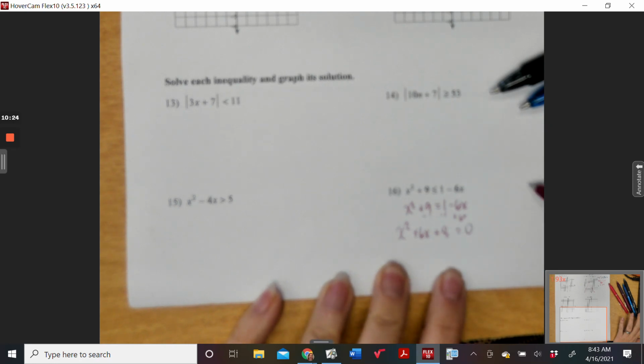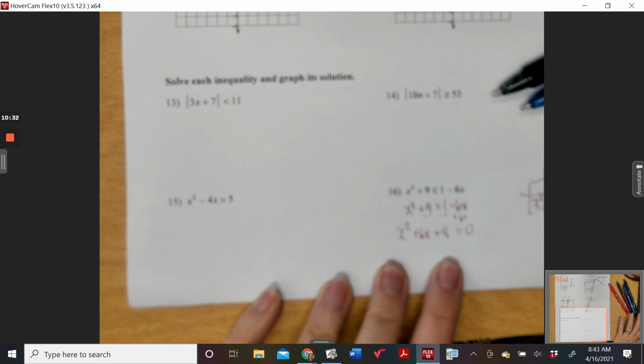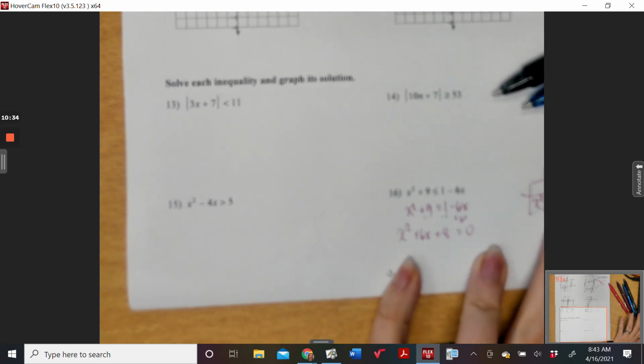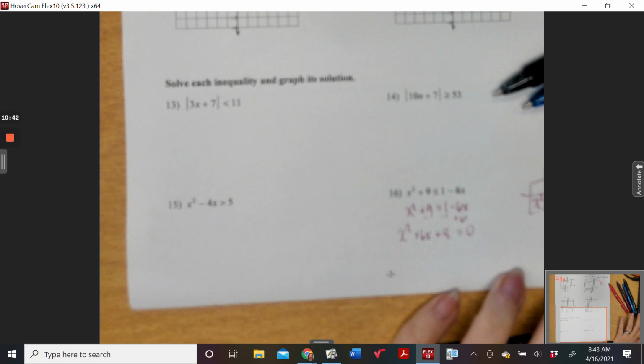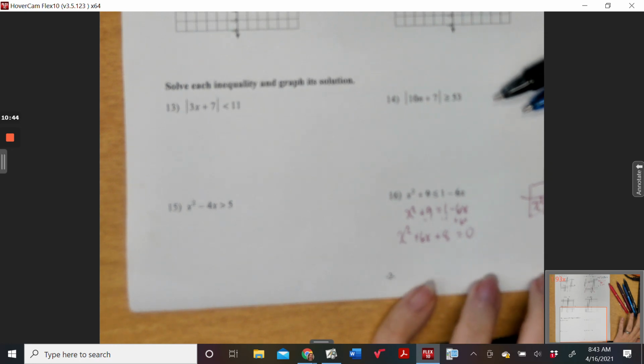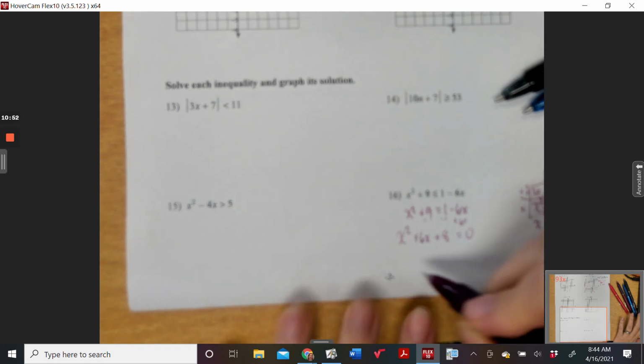Then I'm going to think about trying to factor it. Always try and factor first. X squared, and two numbers that multiply to make 8 and add to make 6. What are those two numbers? Yep, 2 and 4, so x plus 4, x plus 2.